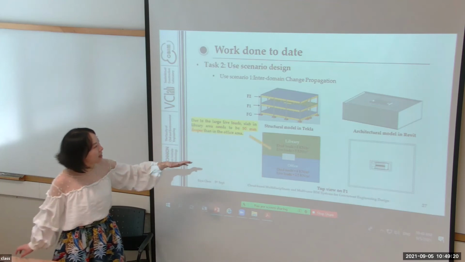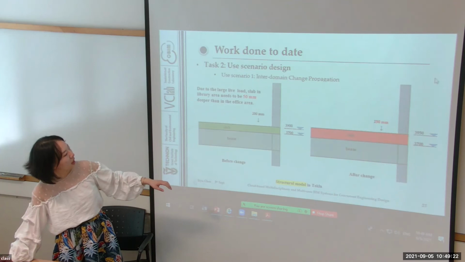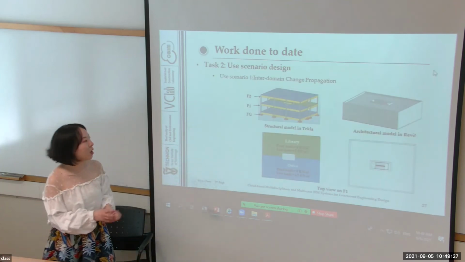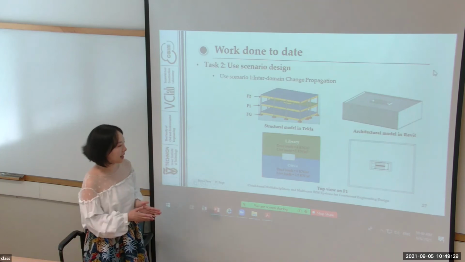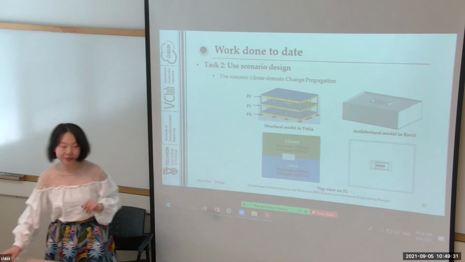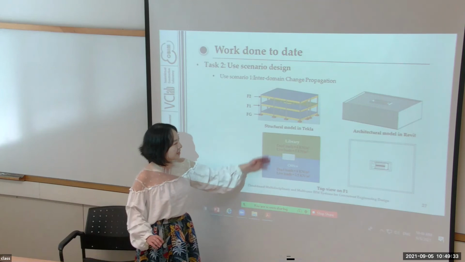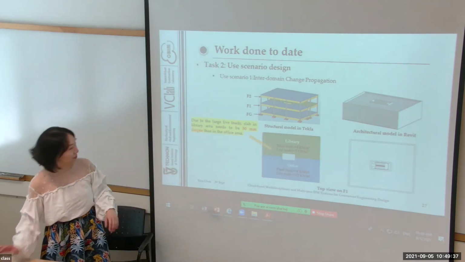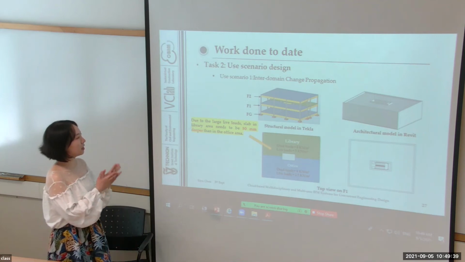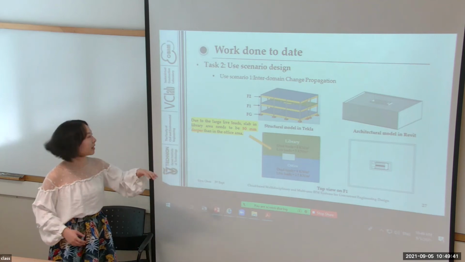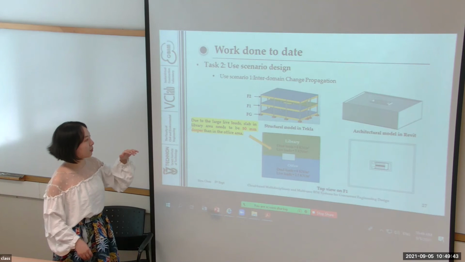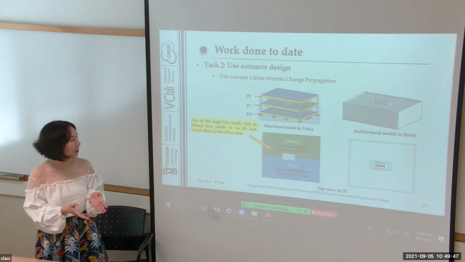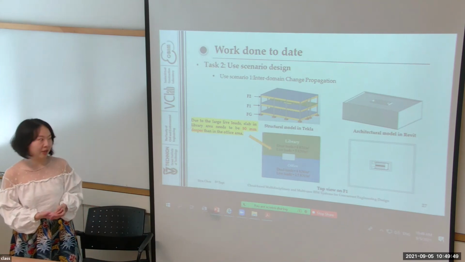Then, as you can see on the first floor, there are two areas. One area is for a library, and another area is for the office. Originally, it is a whole slab, but in different colors. Then, due to the large live loads in the library area, the slab in the library area needs to be 50 millimeters deeper than in the office area.